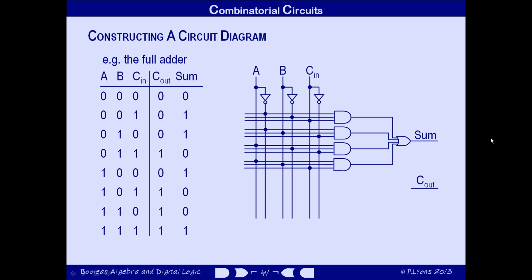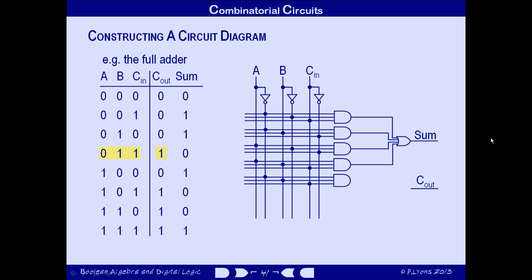So now we can move on to the second output, carry out. Once again, we scan down the appropriate column in the truth table, looking for situations in which the output is a 1, and inserting an AND gate into the circuit diagram with the appropriate connections. The first one detects when A, B and C are 0, 1 and 1 respectively.